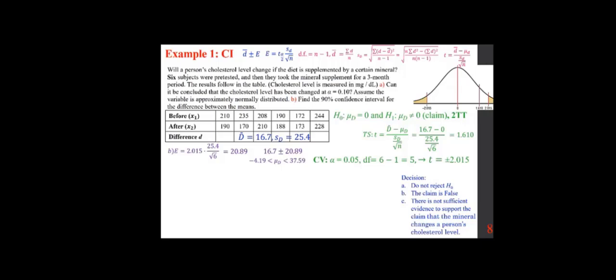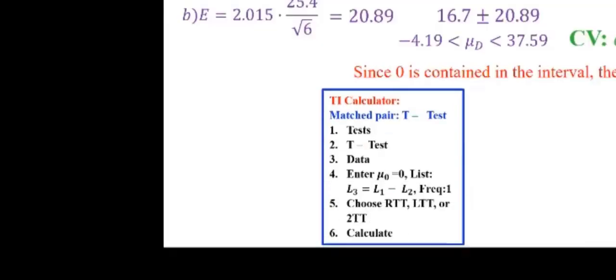Let's look at technology. So since 0 is contained in the interval, the decision is to not reject the null hypothesis H0. In other words, the same result. So we are dealing with the t-test. What we are entering for that is L sub 3, which is L1 minus L2.